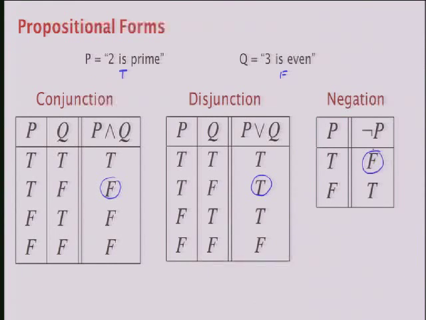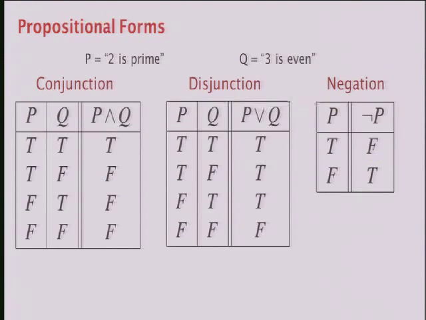Okay. So now, there are two other kinds of propositions we can look at. So for example, we could look at something like P or not P. This is always true.